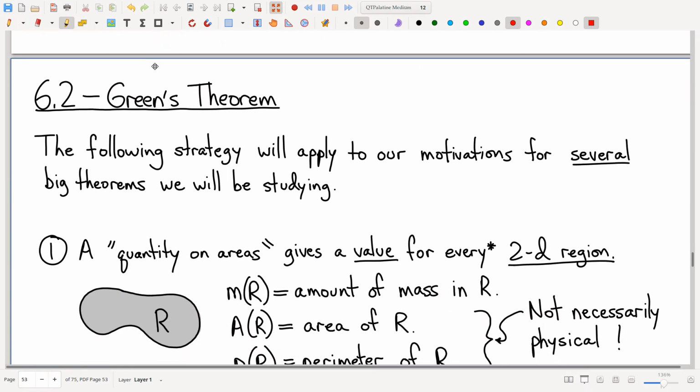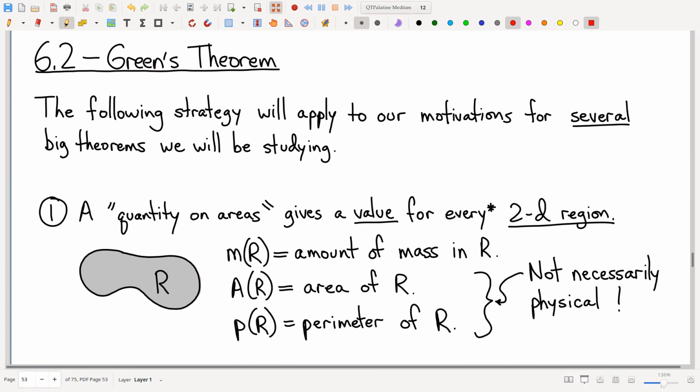Okay, so that's 6.1. So 6.2, this is where things start to get exciting for me. This is where things are going to start to get intricate and complex, and everything's going to connect in multiple different ways.